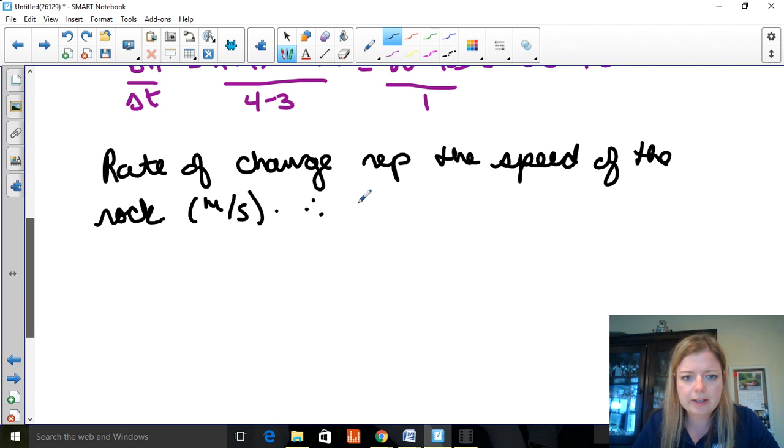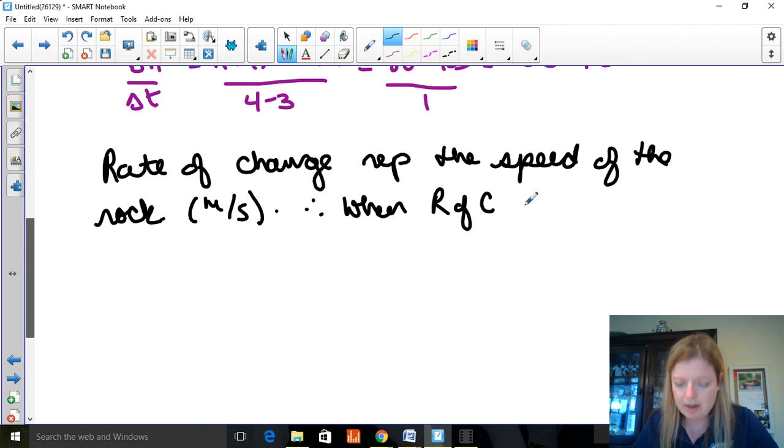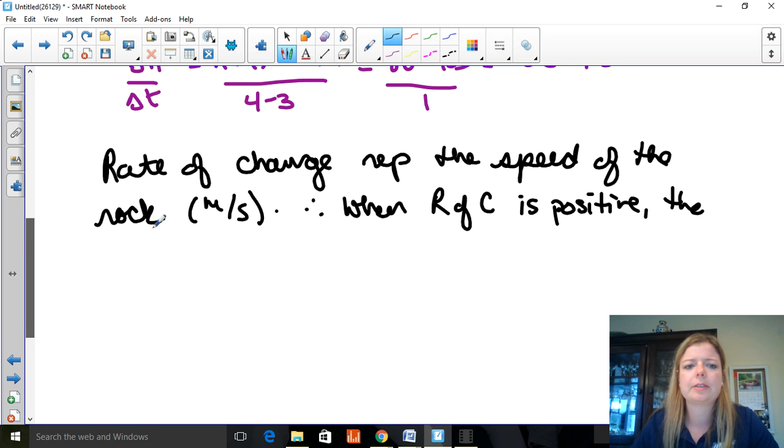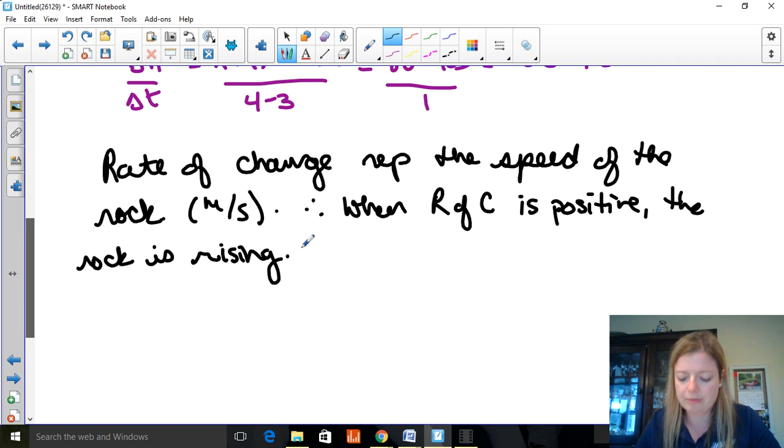Therefore, when rate of change is positive, the rock is rising, okay? Because that means that height is increasing with respect to time.